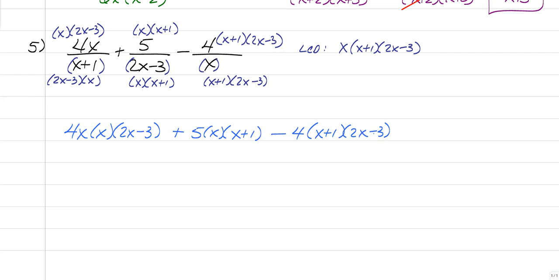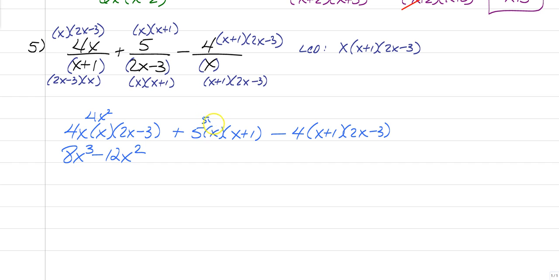So you have distributing, foiling, and then a lot of combining like terms. So let's just start working. 4x times x is 4x squared. Times 2x minus 3, that's going to give us 8x cubed minus 12x squared. Okay, so that's the first term, or the first section.